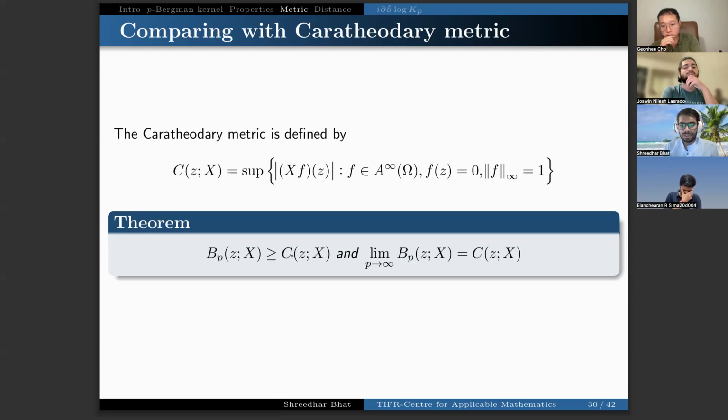So B_p will always be bigger than or equal to this Carathéodory metric. And when you let p go to infinity, it turns out to be exactly the Carathéodory metric. It is easy to see because it is intuitively clear, because when you take p to infinity, this A^p is going to A^infinity. Right?